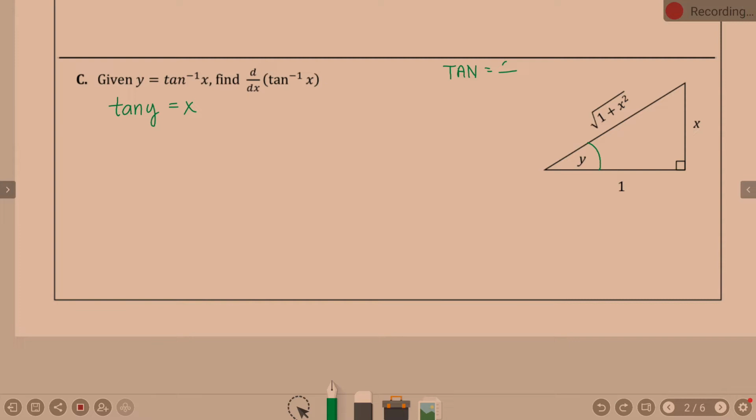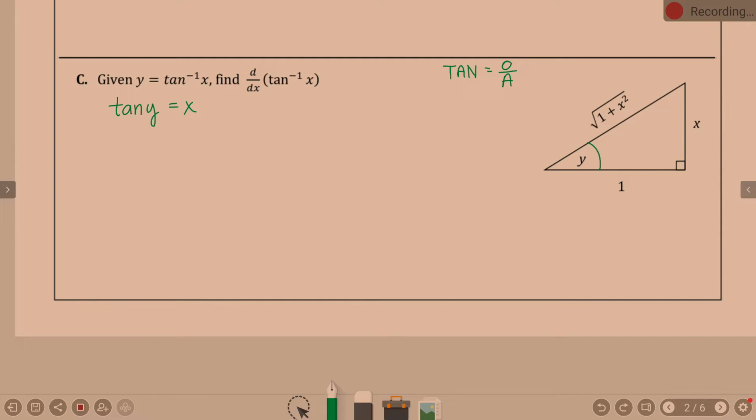Opposite over adjacent. So tangent of y is x, which as a fraction is x over 1. So opposite is x, adjacent is 1. And of course, the hypotenuse would be found using the Pythagorean theorem.